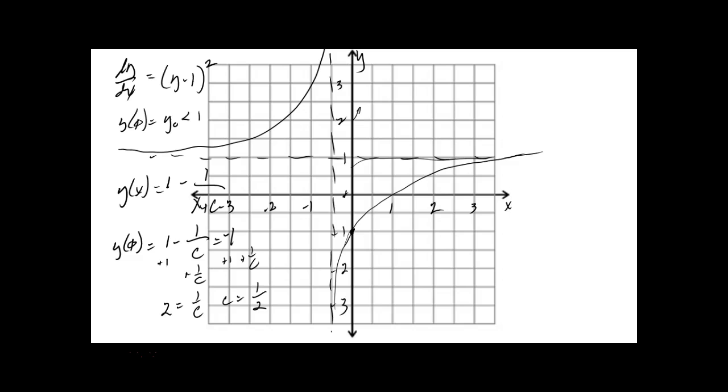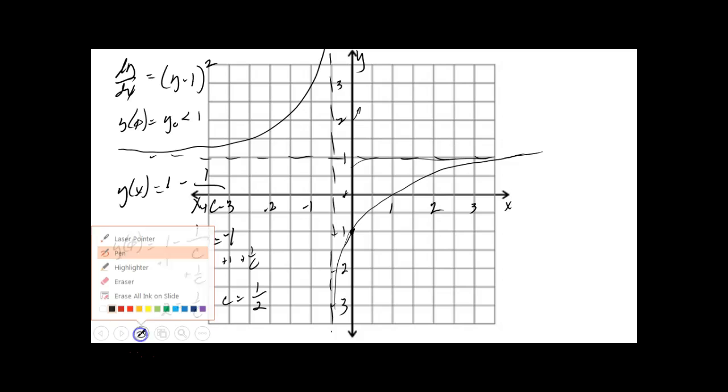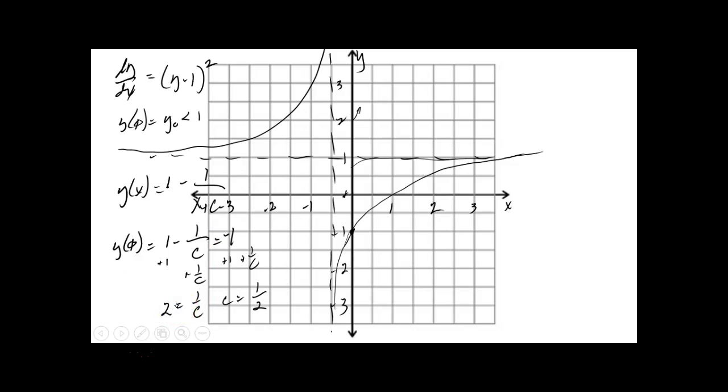Now, what if you had been given an initial condition y of 0 is equal to 2? I'm going to do this in a different color. What color would you like? Blue, light, or darker? Light? Okay, we'll go with that blue.